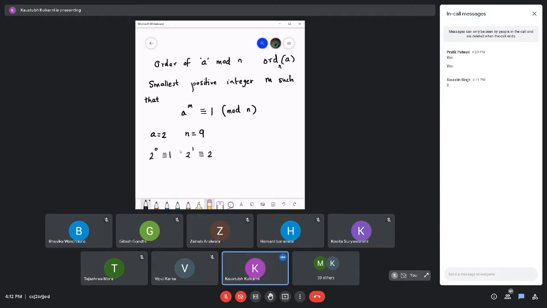Because it is the smallest positive integer, and strictly speaking 0 is not considered positive. Whenever we say non-negative integers we include 0.